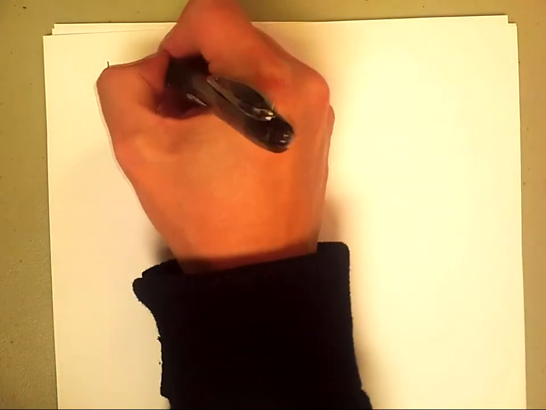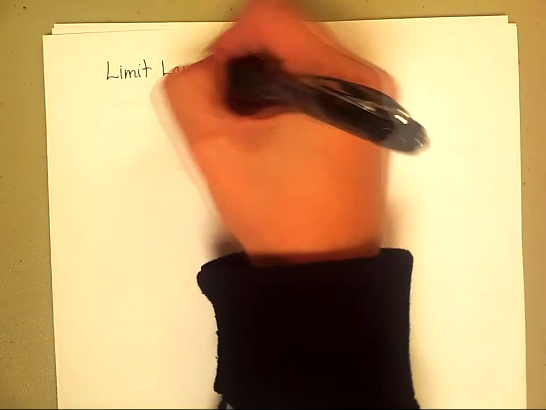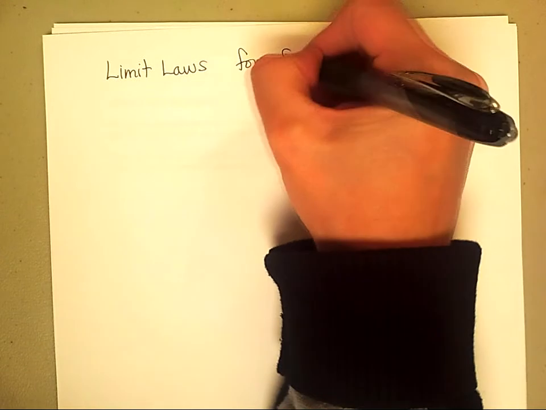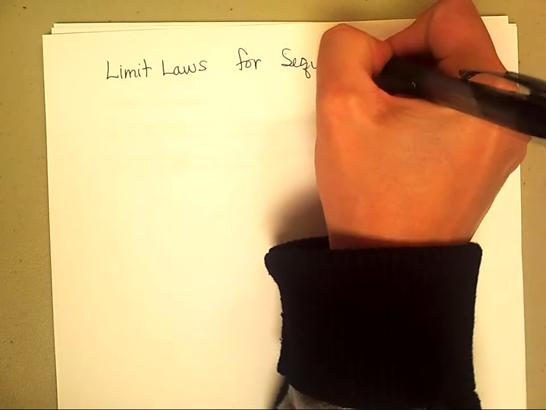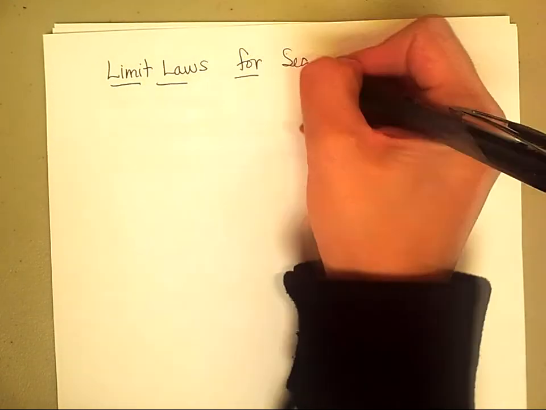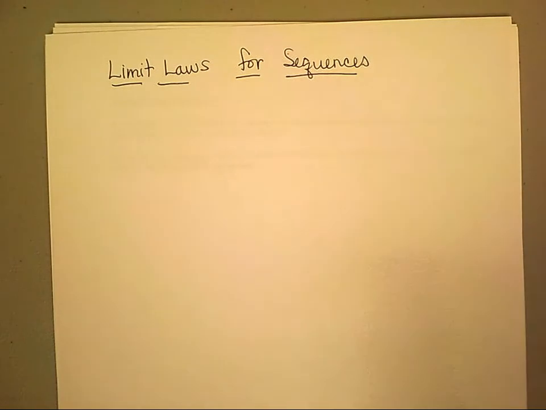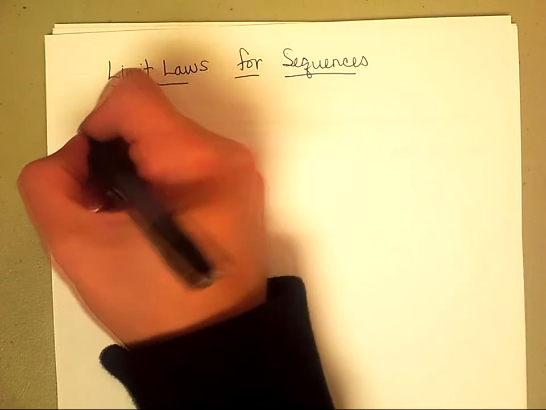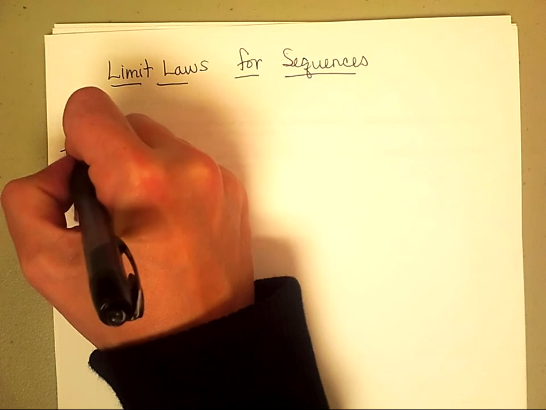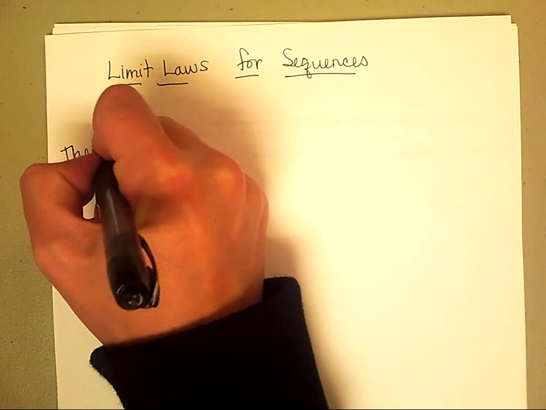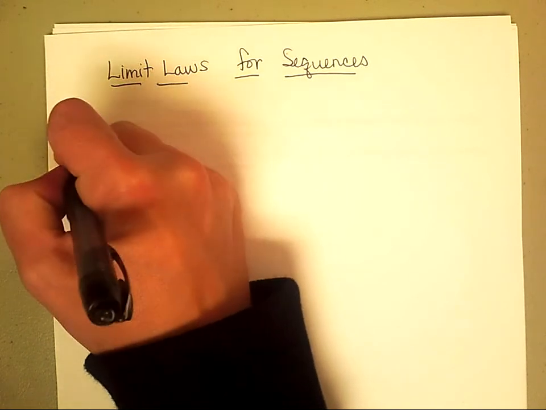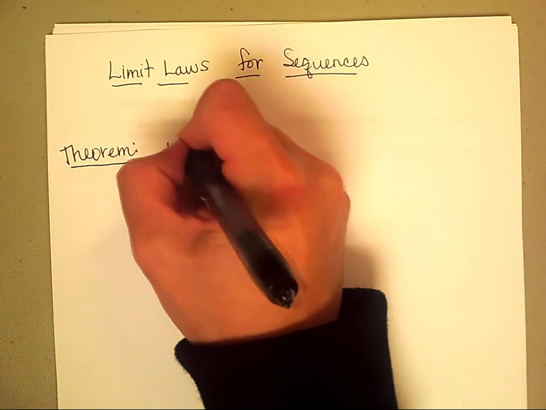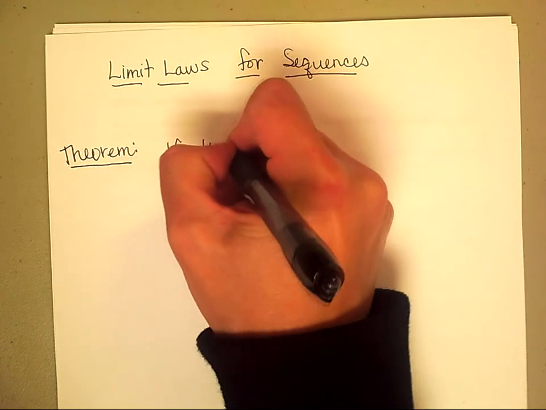These are our limit laws for sequences, and we'll need these when we start determining limits. A theorem means it's something that's already been proven for us, and we can just use it. We don't have to reprove it.